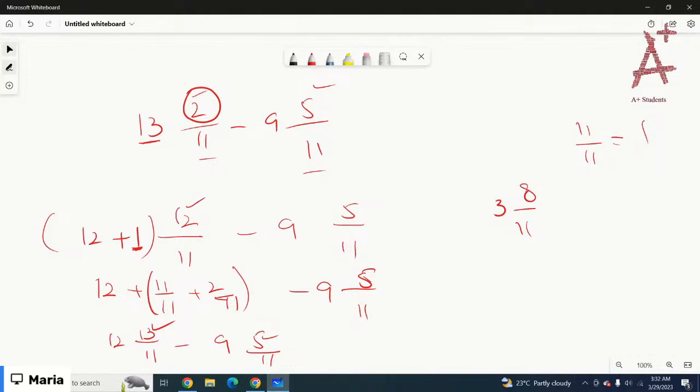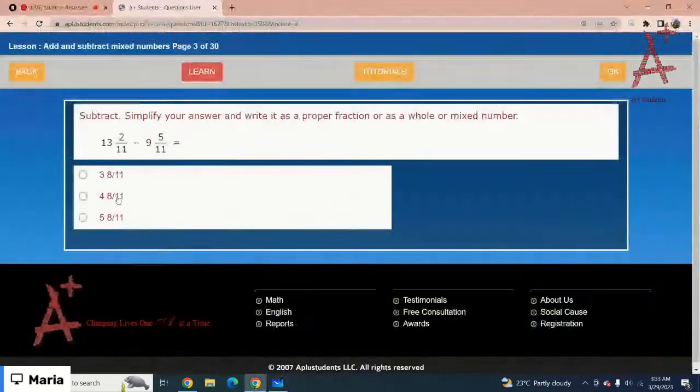You need to make this numerator greater than 5. Because we always subtract a smaller number out of the greater one. So what I did, I wrote 13 as 12 plus 1 because 12 plus 1 makes 13. Then for 1, because here you have the denominator 11, I wrote 1 as 11 over 11. 11 plus 2 makes 13. Now 13 is greater than 5. You can subtract now. So subtract the whole numbers: 12 minus 9 is 3 and 13 minus 5 is 8, so it would be 3 whole 8 over 11. The correct option is 3 whole 8 over 11.